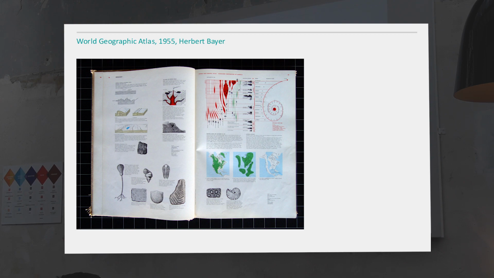As scientific concepts of time expanded the past from thousands to millions to billions of years, the scale of time changed radically, so that in the 20th century, the scientific timeline had to synthesize geological time, fossil records, and notions of evolution of plants and animals, as well as theories of the formation of the stars and the planets. Herbert Bayer, one of the great designers from the Bauhaus, designed this World Geographic Atlas, and it covered science as well as geography.